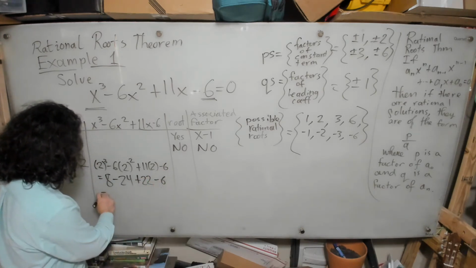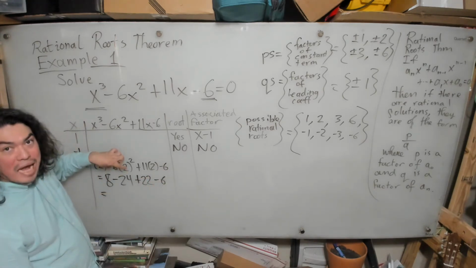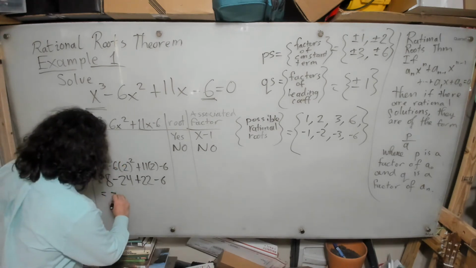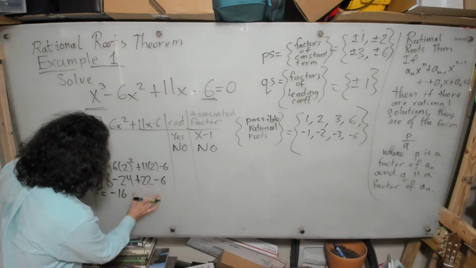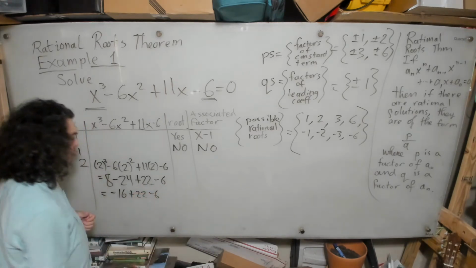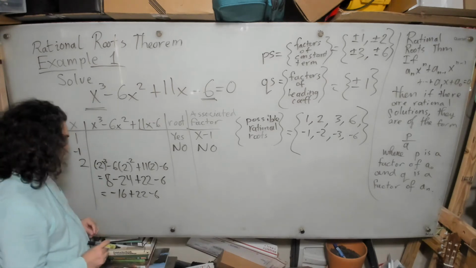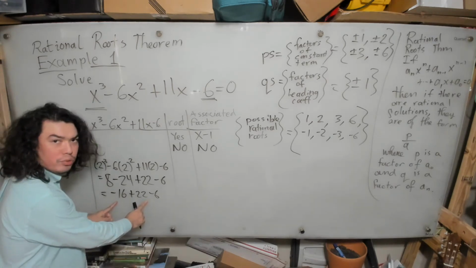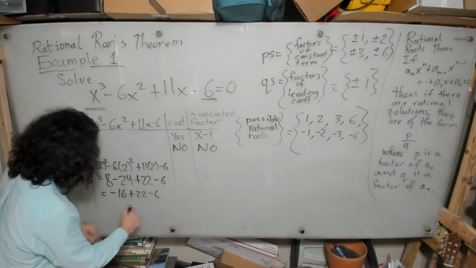What is 8 minus 24? That's minus 16. Then I bring down the rest of this calculation. By the way, one of the things I want you to observe here is how extremely careful I am about how I perform these calculations. What is negative 16 plus 22? That's positive 6.